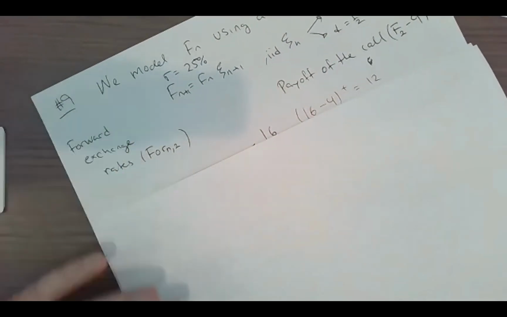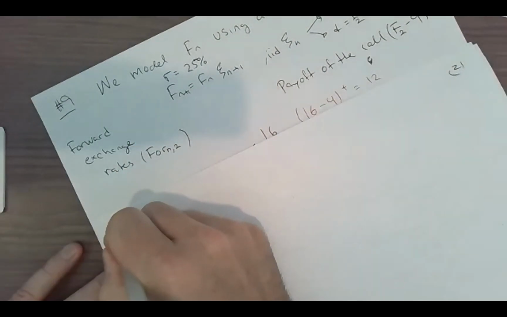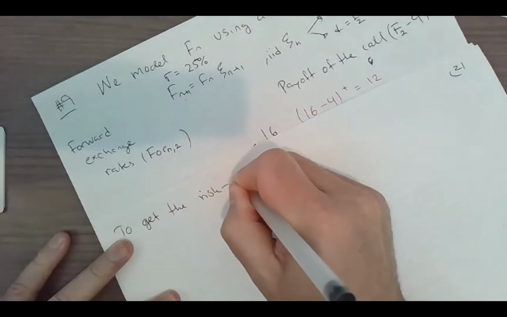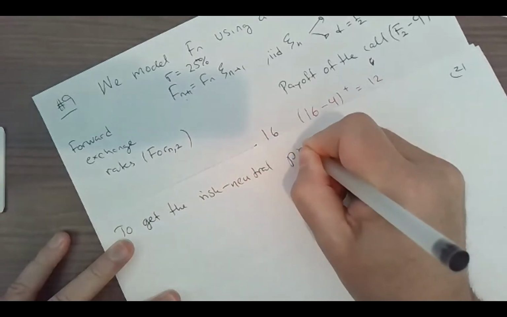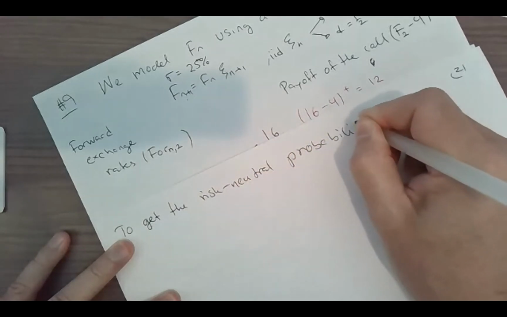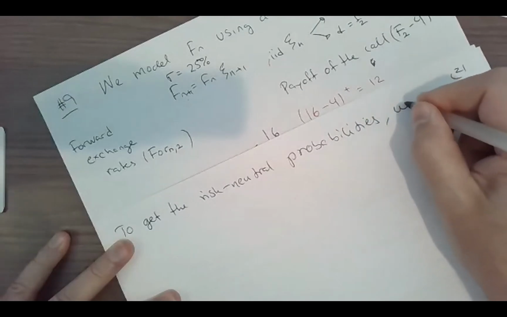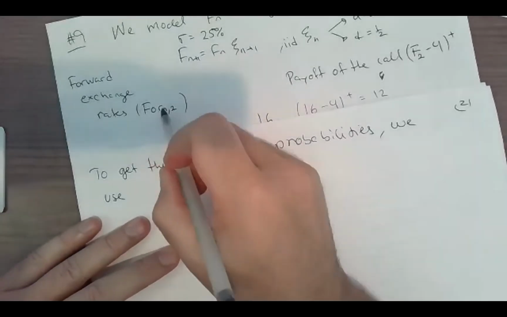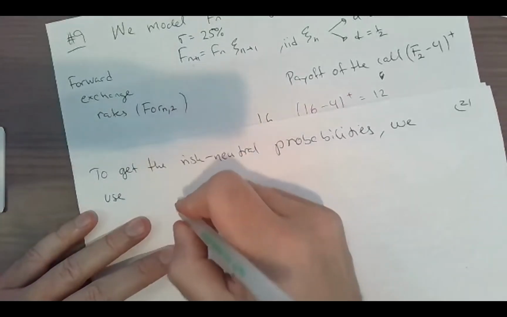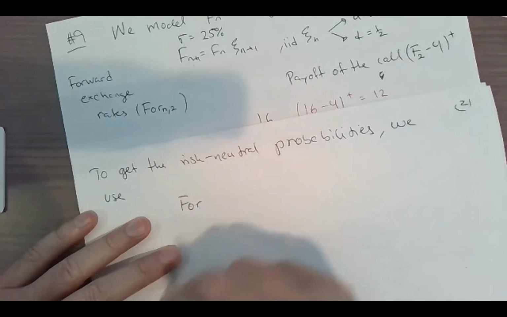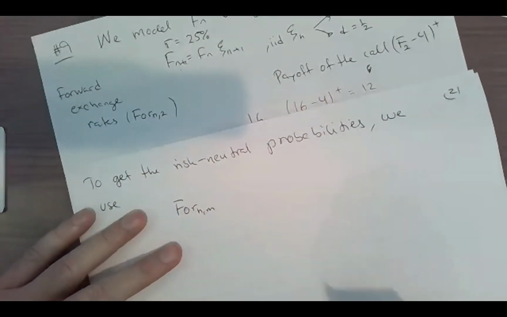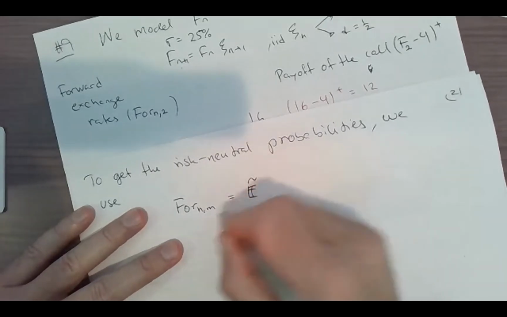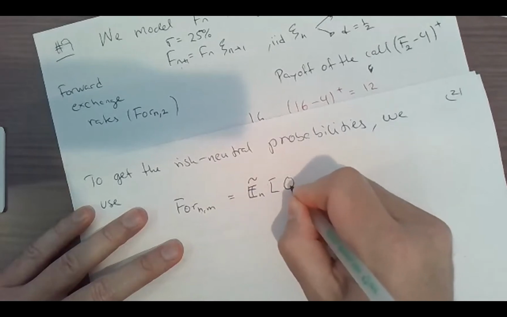So to get the risk neutral probabilities, we use that the forward, we had this F_n^m, which will be equal to an expectation of Q_m.